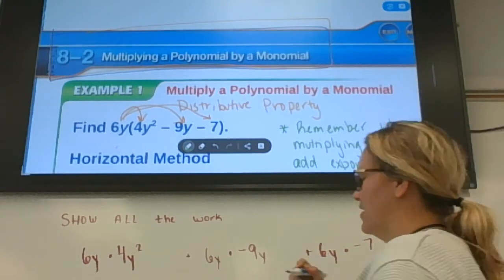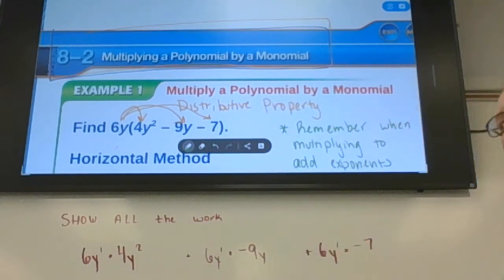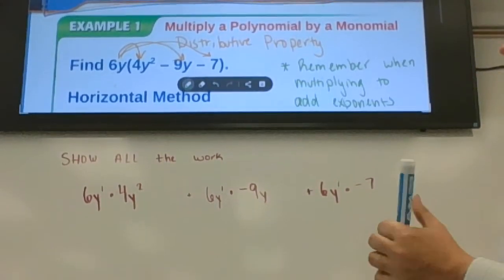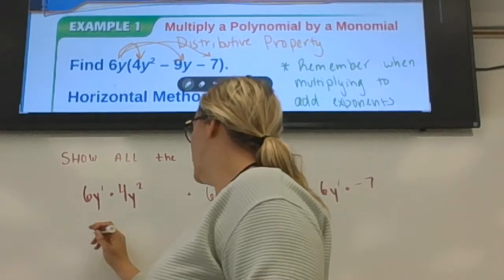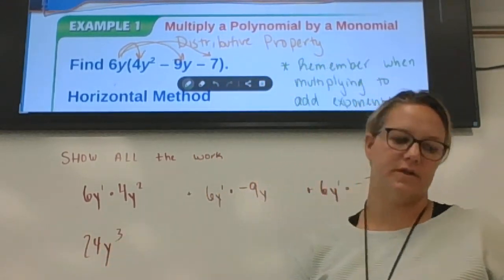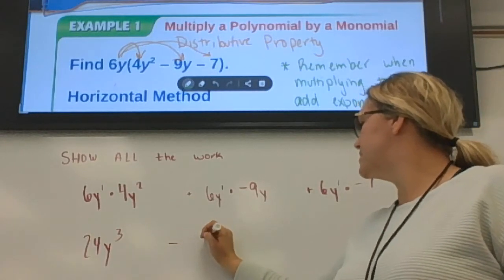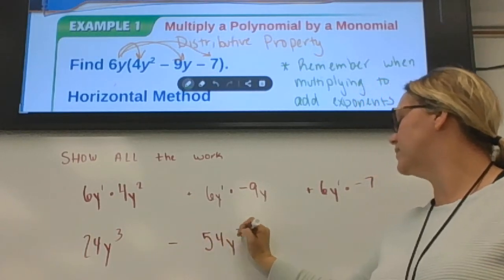So I'm actually going to even go forth and put little ones here because we know there's invisible ones. So our first term will be 24y to the third. Because when you multiply, you add exponents. Minus 54y squared.